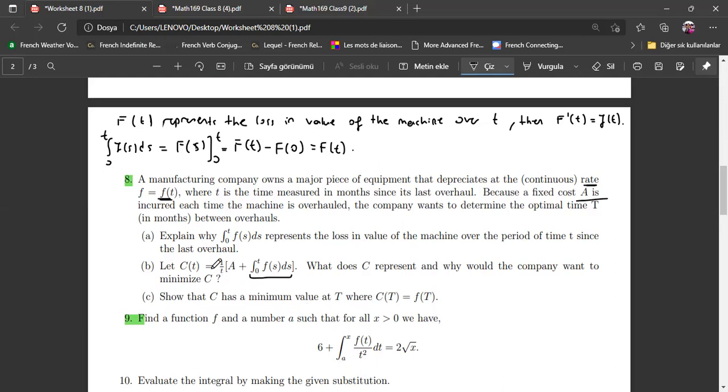So we need to find the derivative of this function and equalize it to 0. What's the derivative of this function? We have a product there, right? Let's find it on the whiteboard. I don't have enough space there.